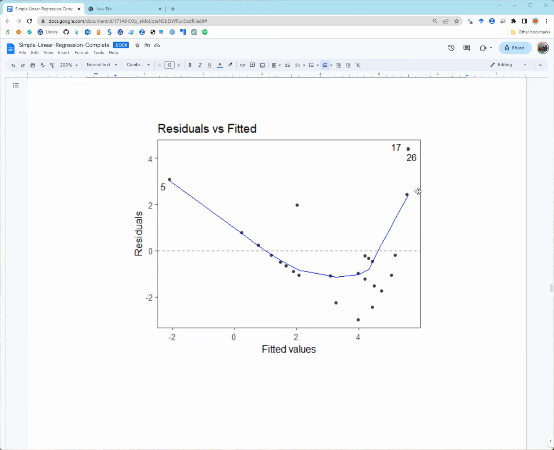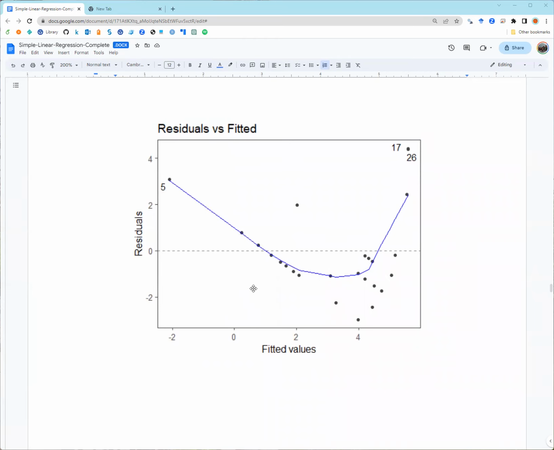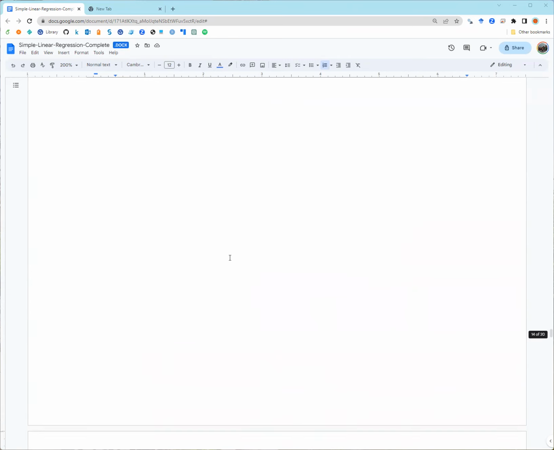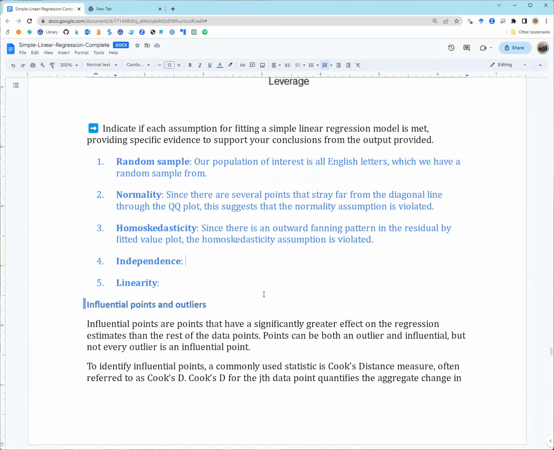R draws a blue line to fit a non-linear pattern in the data to show if anything is systematically predictable. I would say it looks questionable here, but not definitively violated. So we'll say for independence, certainly normality and homoscedasticity were problematic.